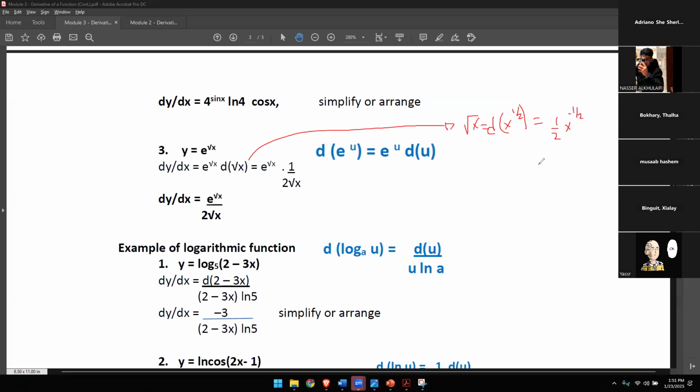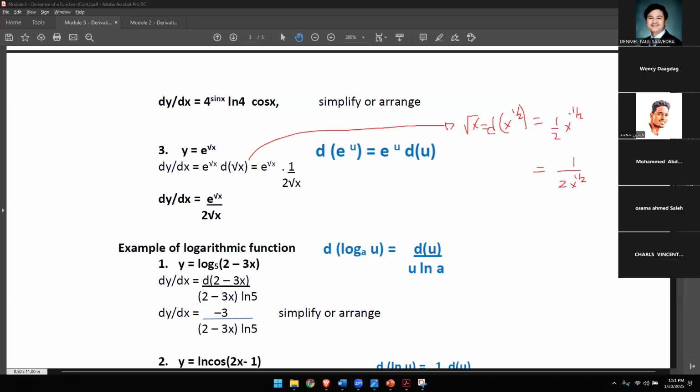And this one can be transformed into 1 over 2 x raised to 1 half. Then again, x raised to 1 half, you can bring that back into a square root. So 1 over 2 square root of x, which is now the same with this one. So that's how we derive square root of x.